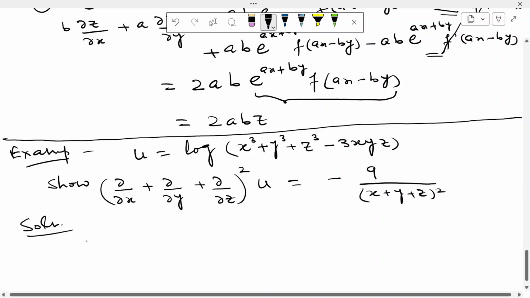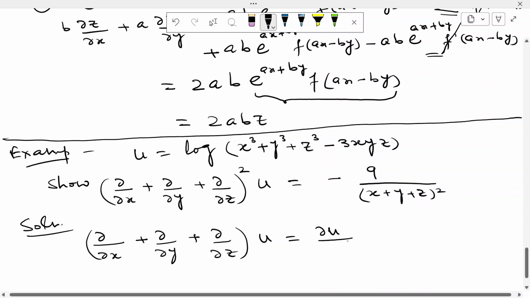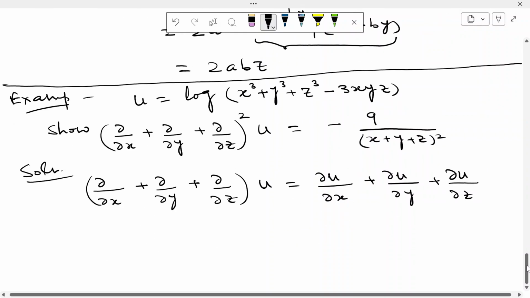So first we apply this del over del x plus del over del y plus del over del z on u. So this will be del u over del x plus del u over del y plus del u over del z.